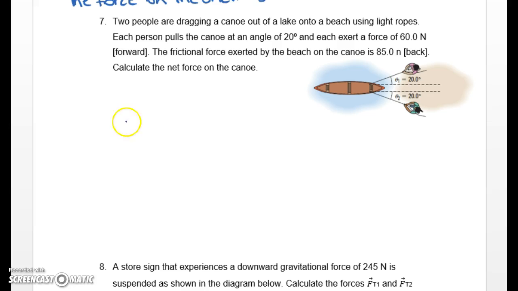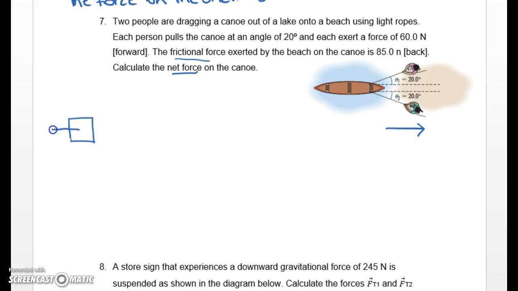What we're looking for here is the net force of the canoe. So that's the overall forward motion, to the right of this picture. But we do know that there is some resistance because the canoe is going to be dragging on the sand. So that's what this frictional force is. Just to draw our object here, I know that a canoe definitely doesn't look like a square, but just for simplicity's sake.